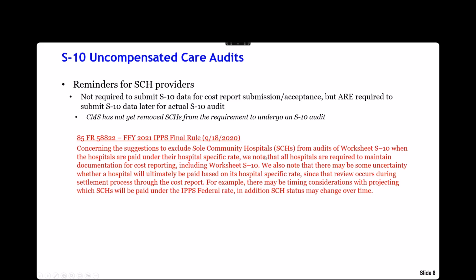CMS actually goes through an explanation that sometimes things change. Maybe after a detailed review, which rate was higher might flip. That would be rare, but it could happen. Also, there's the potential for SCH status to change, to either be terminated or whatever. So for those reasons, CMS says we still need to do the S10 audit.